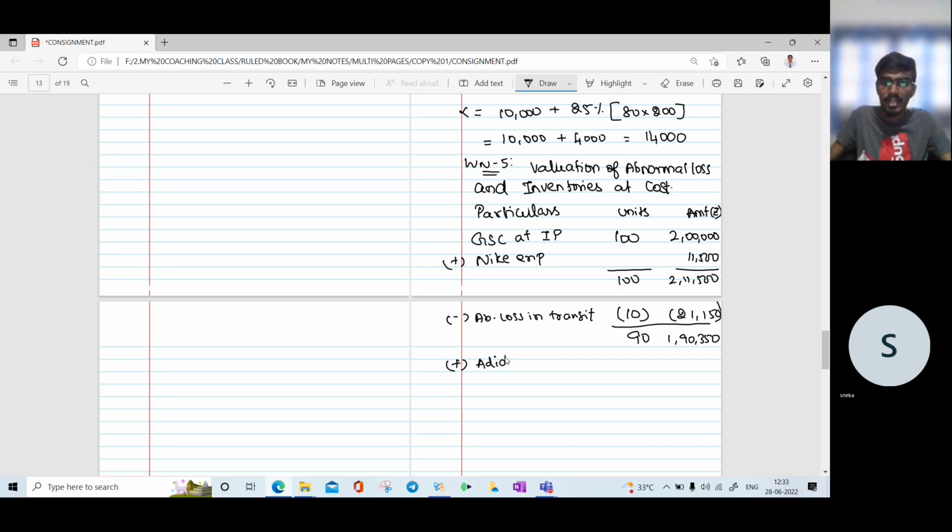Then there is the consignee's non-recurring expense. That is Adidas non-recurring, how much? 1,530. Plus 1,530, you will get 1,91,880. Then there are sales.